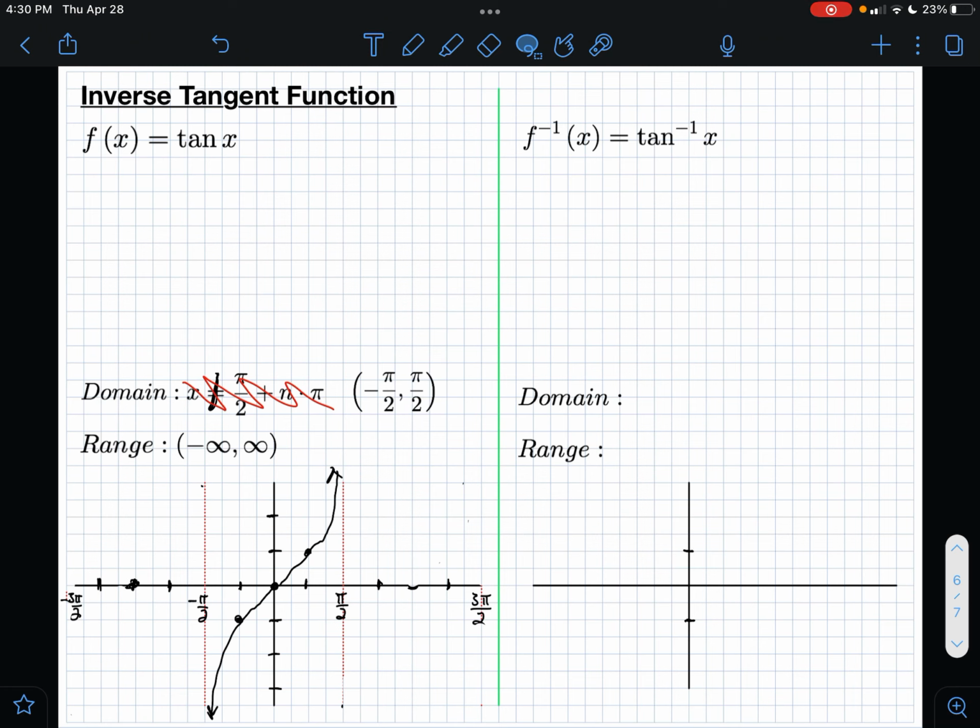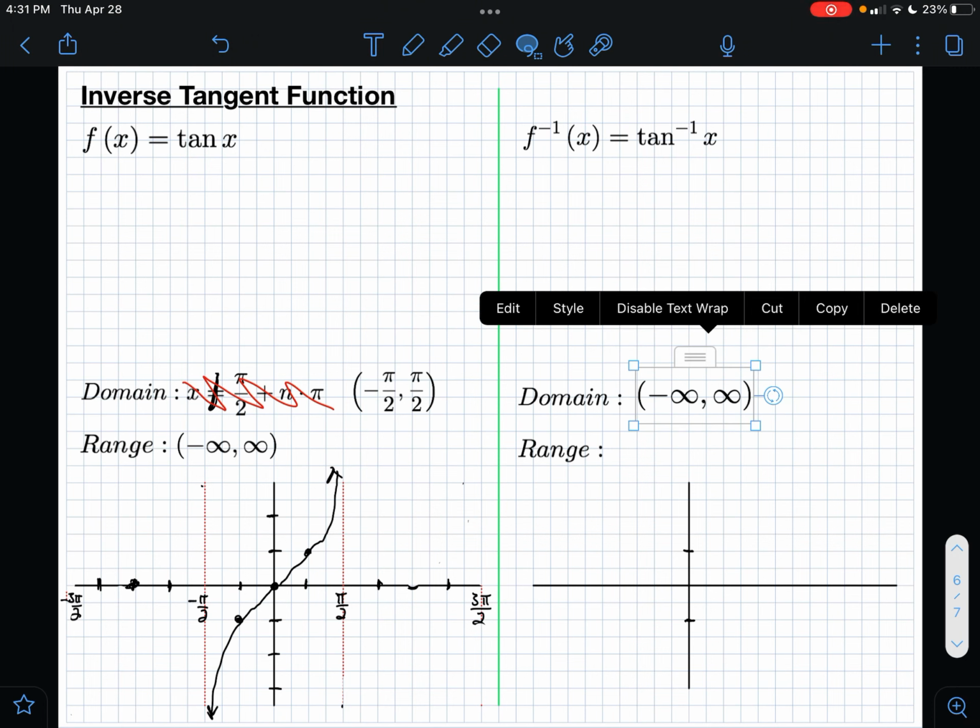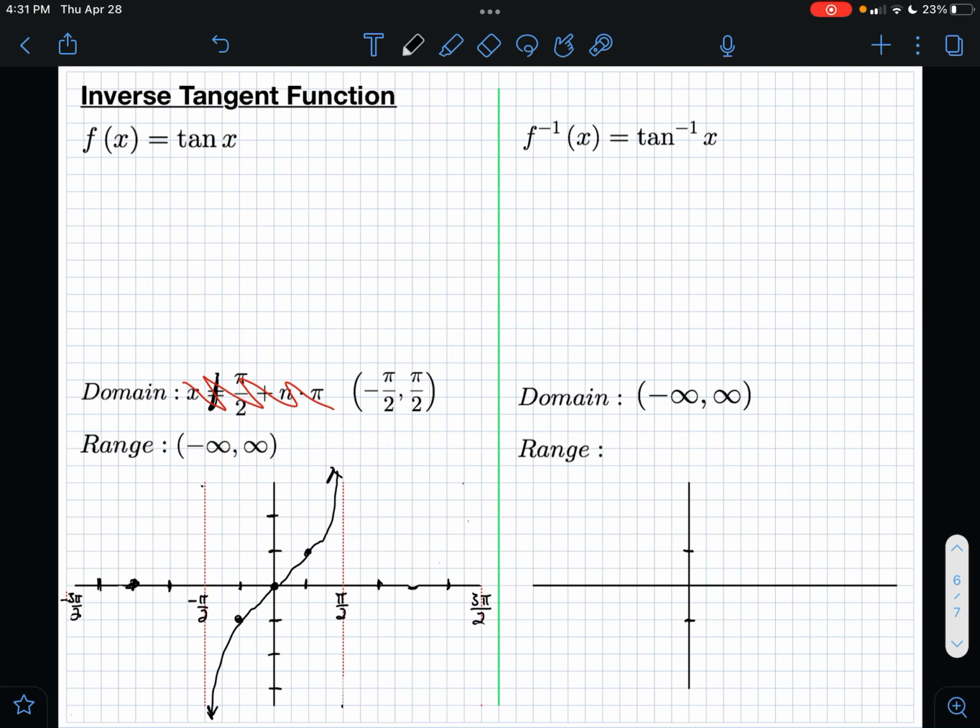So, once again, for the inverse tangent function, we simply reverse these. The domain of the inverse tangent is now negative infinity to infinity, and the range of the inverse tangent function is negative pi over 2 to positive pi over 2.